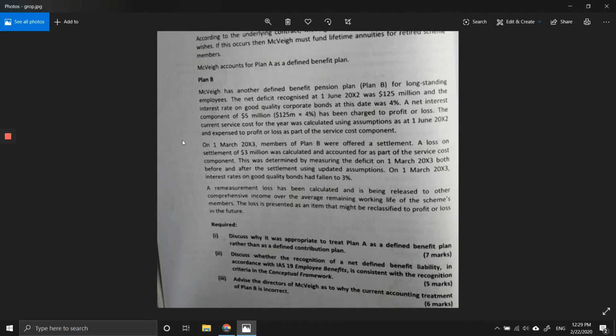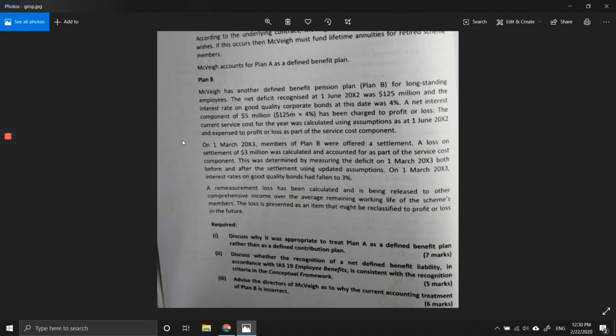On 1st March 20x3, the members of the plan were offered a settlement, and a loss on settlement of 3 million was calculated and accounted for as a part of the service cost component. That's what we normally do, because the service cost component includes past, present, and any settlement gain or loss.